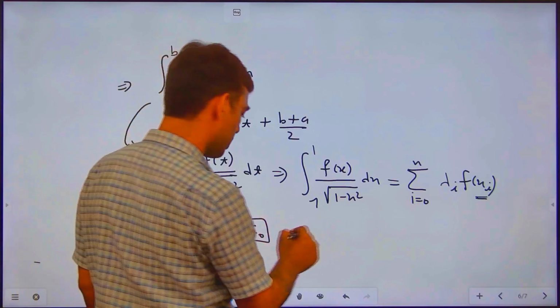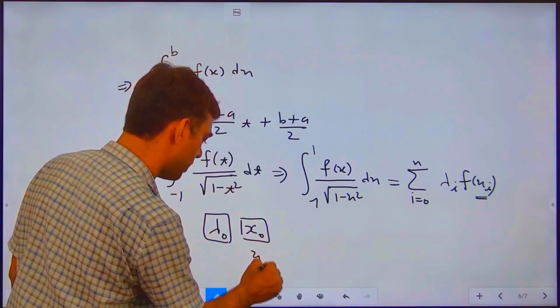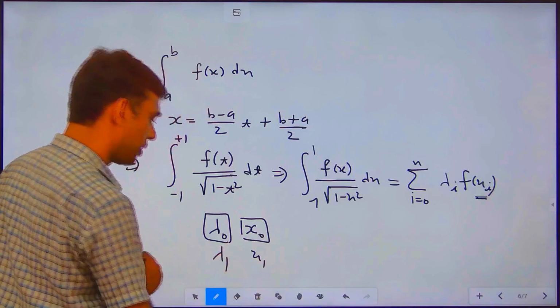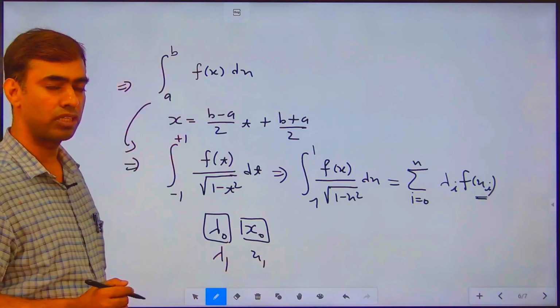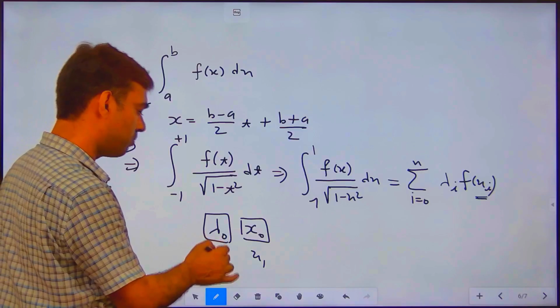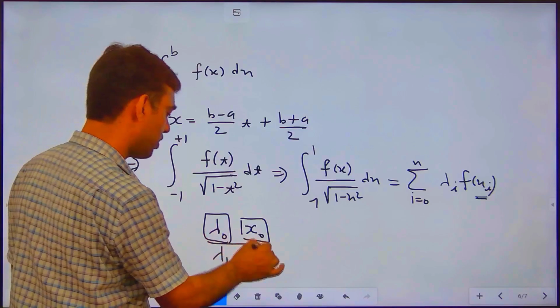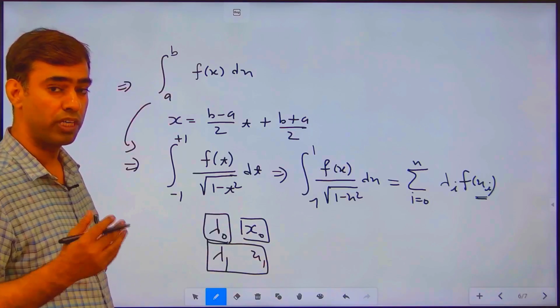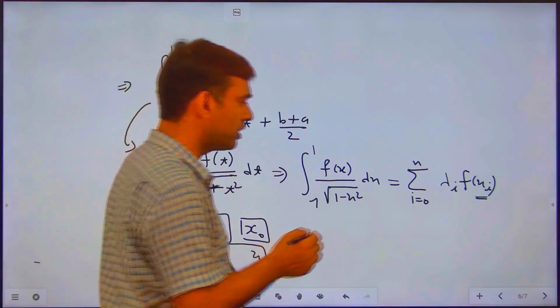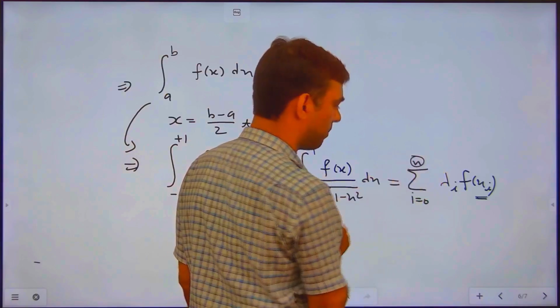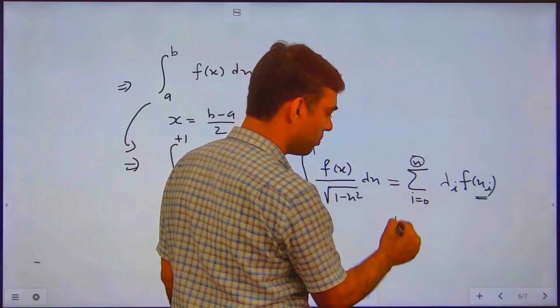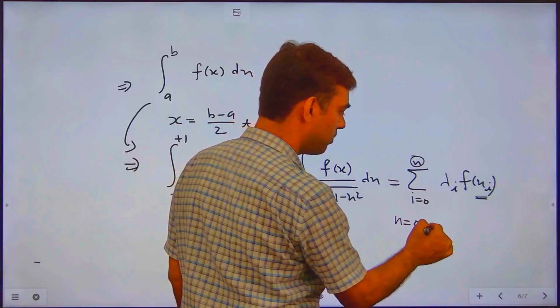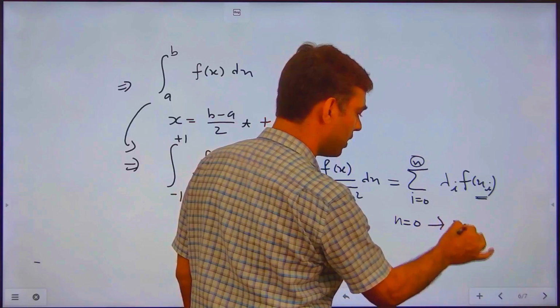If there are two nodal points x0 and x1 and we are able to find the corresponding weights lambda 0 and lambda 1, then the formula is known as the 2-point Gauss-Chebyshev formula. So this depends on the value of n. If n equals 0, we get a 1-point formula.